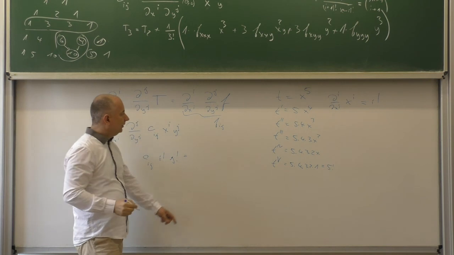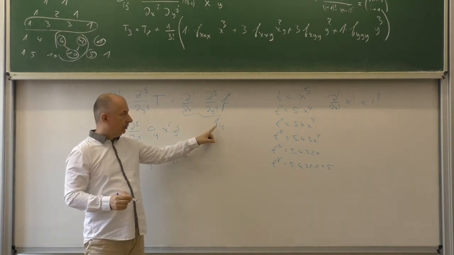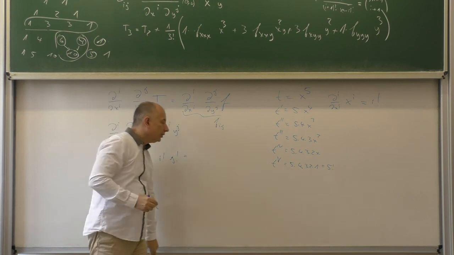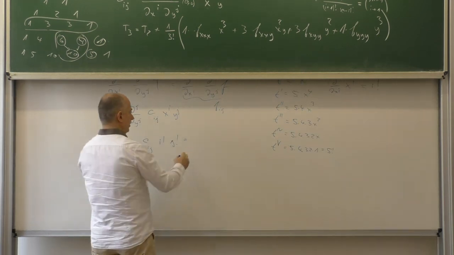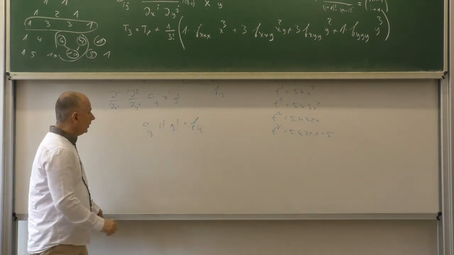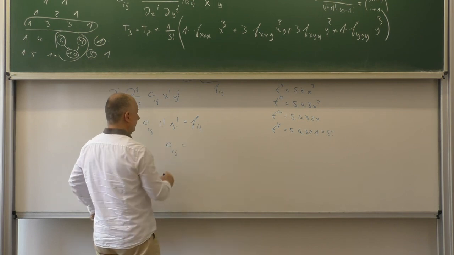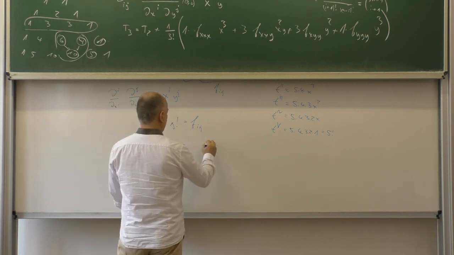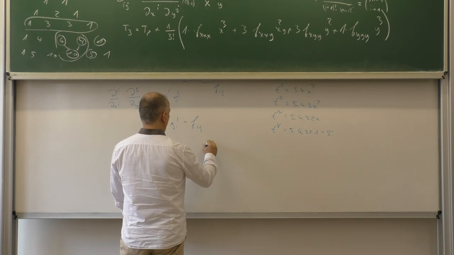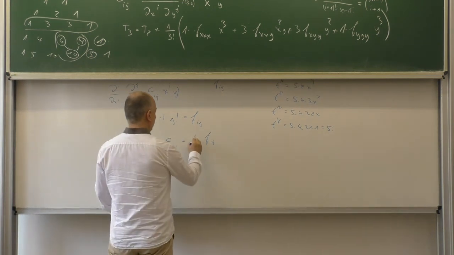That means f differentiated i times with respect to the first variable and j times with respect to the second variable. But this gives the relation for the coefficient. This is the corresponding derivative of the function divided by i factorial j factorial.